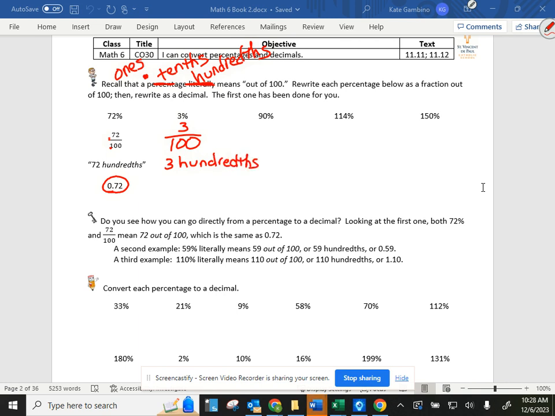And to write 3 hundredths with a decimal, that 3 needs to be in the hundredths place. So what do I put into that empty place? What do I put in the empty place, Lilia? A zero. So 3% is 3 hundredths, which is 0.03.